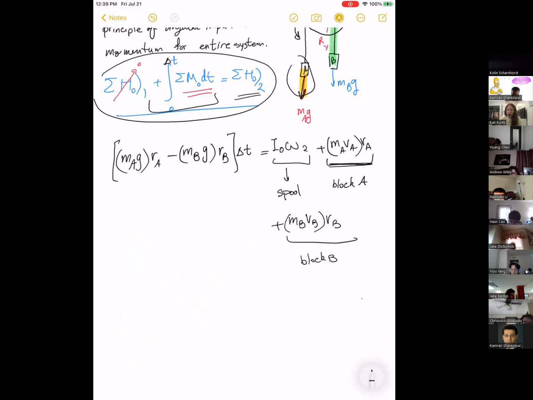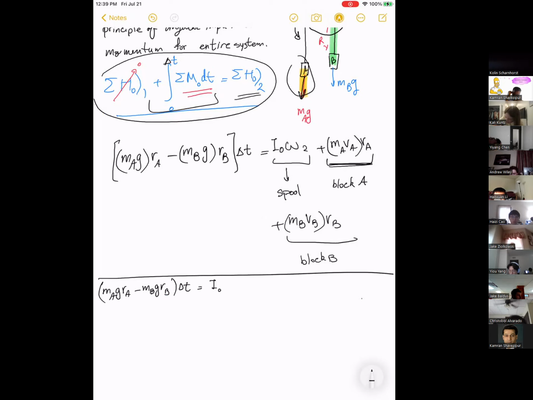Now, if I rewrite this and kind of make it simple, you're going to get MAGRA minus MBGRB times delta T equals IO.